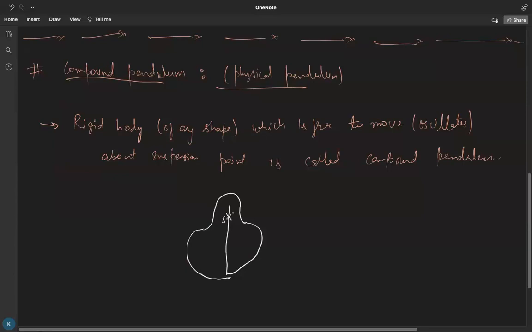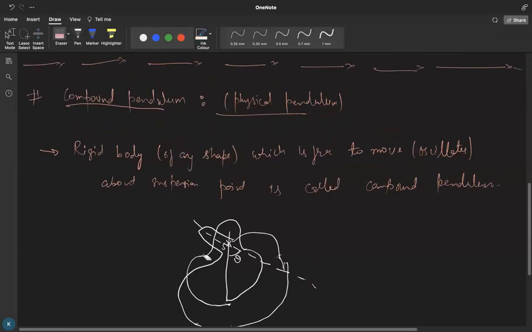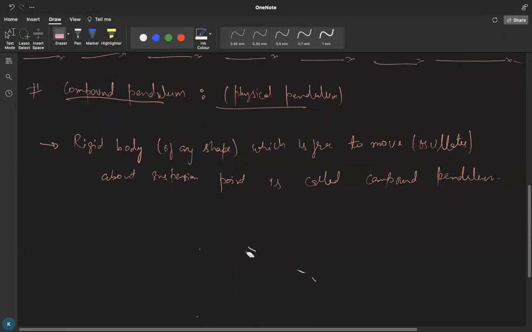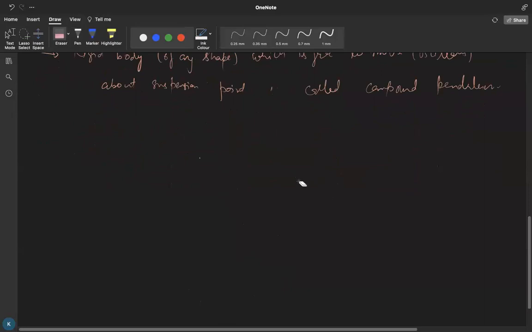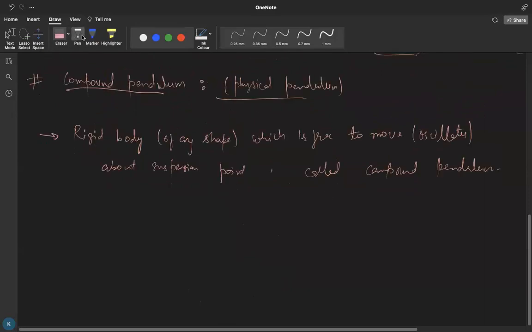And this is the theta angle from the vertical. Let me make it in a clearer way so that you can understand. Let me take another figure, which is of rectangular face.